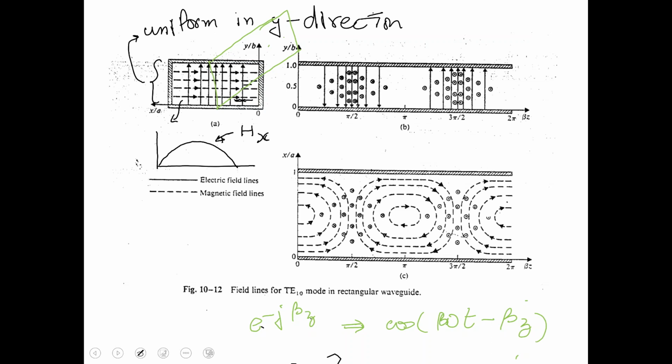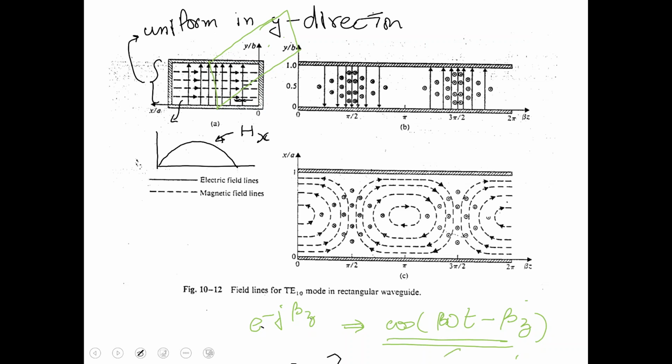And then we had taken the phasor term out, and that's why we had gotten the ω² term in our Helmholtz wave equation. But the actual field is whatever we get as e^(-jβz) multiplied by e^(jωt). So it is going to be a function of cos(ωt − βz). So as you're propagating in the z direction, the field is going to vary sinusoidally.